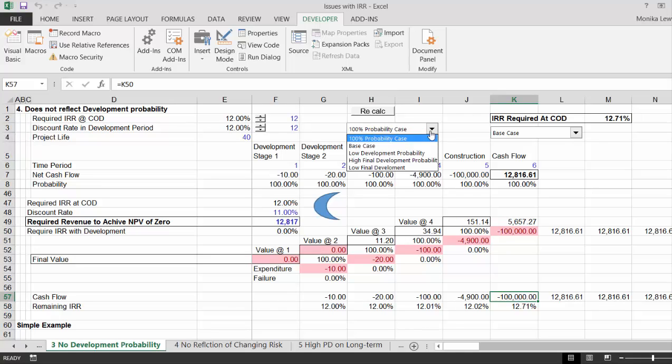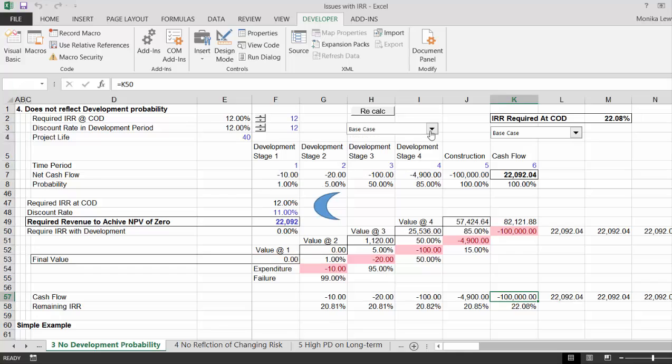That was the 100% case. 61, 5. I'll have to look at that. High last year's probability and then a low development probability, then we need 29%. Looks like a couple of them were kind of implausible, but you get the idea, I think. I'll review it one more time.